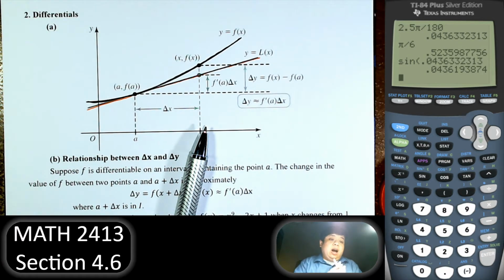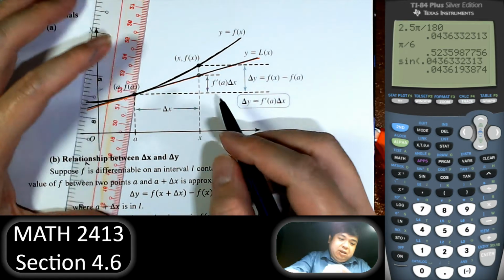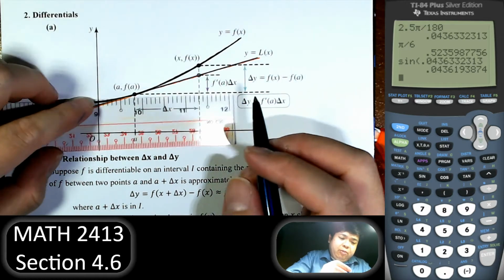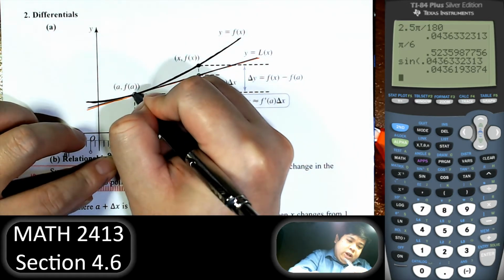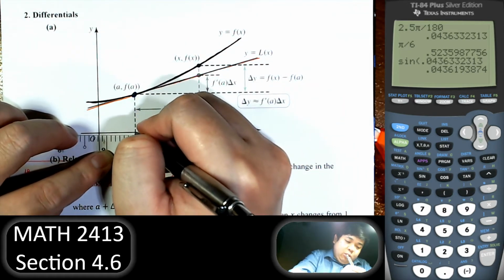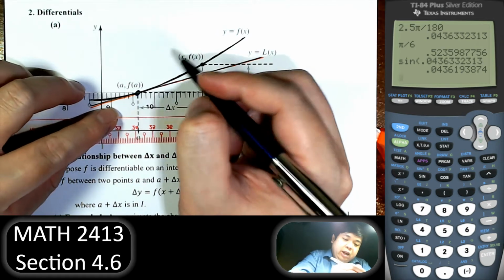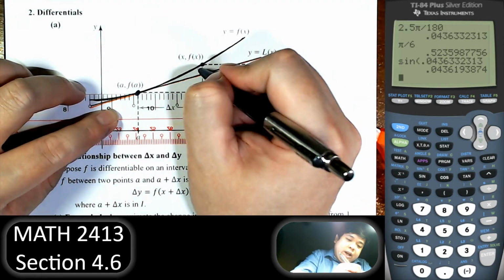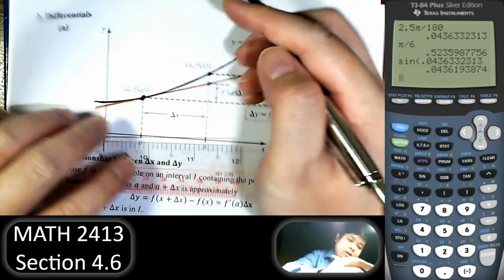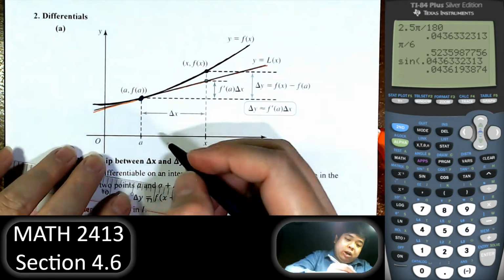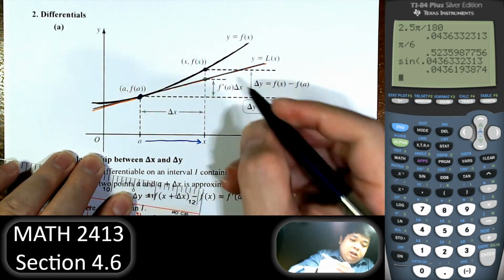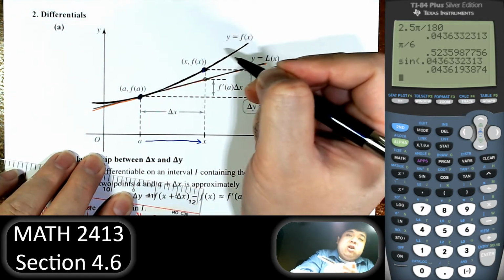Now we will use this to estimate the change in the values of y. Now originally, f of a is when x equal to a, we have this point. Now we can estimate the change of the function. So let's say when a goes to x, the values of the function is there.